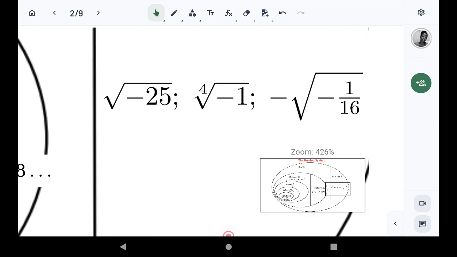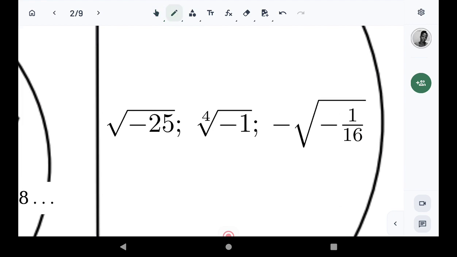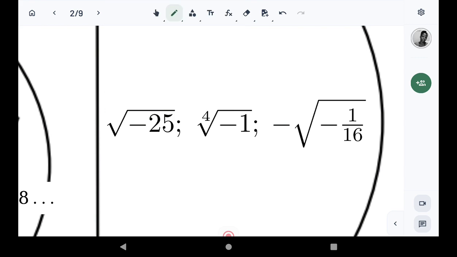So let's identify them. These are numbers basically that include your square root of a negative perfect square. Notice that this is a perfect square, 25, but it has a negative number in front of it. Your fourth root of negative powers of 4 and, for example, the sixth root of negative 64.